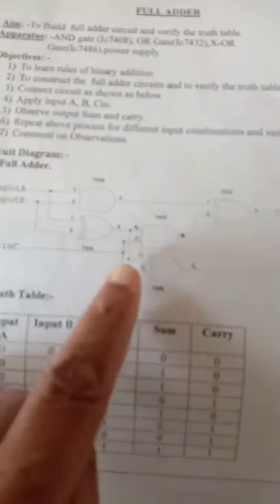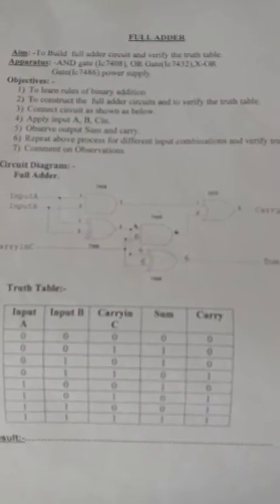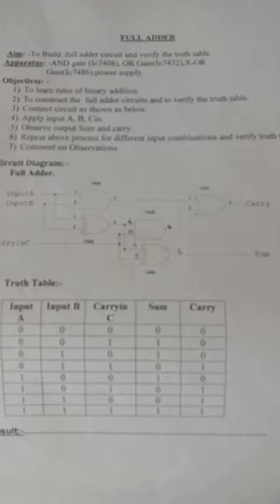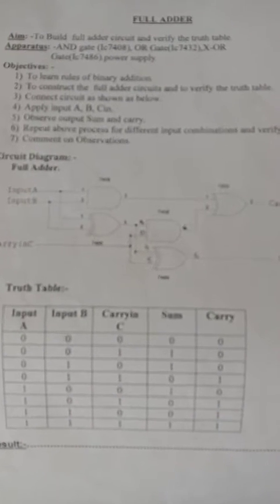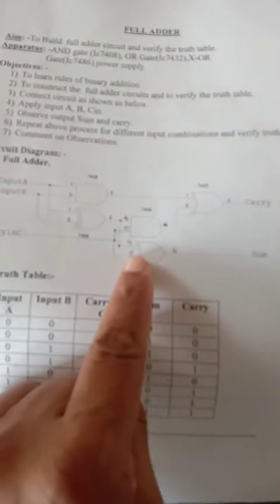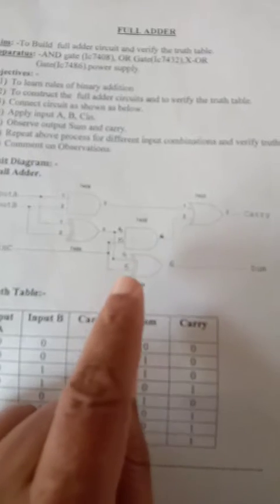So this is the logic diagram. See, this is the logic diagram of full adder by using logic gates. There are 2 half adder sections. This one is the first half adder section, and this one is the second half adder section. Okay.